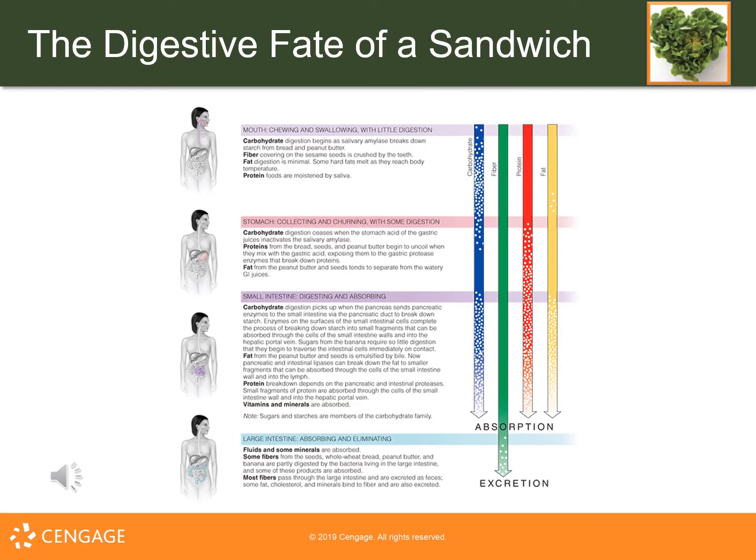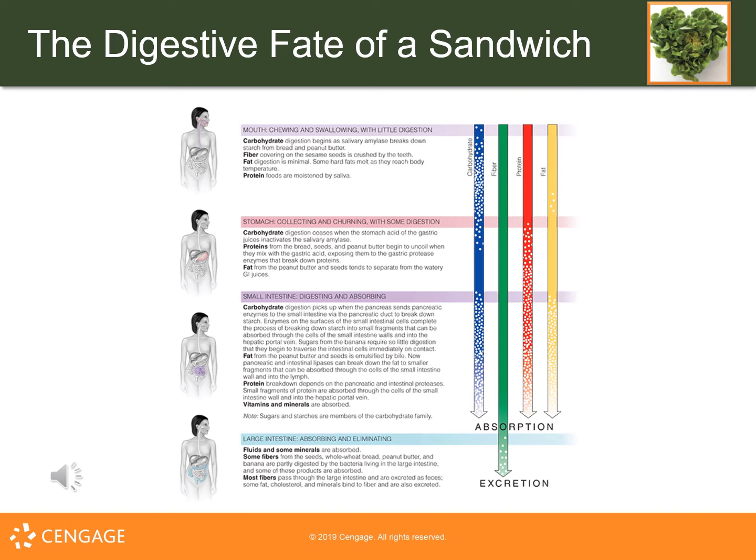As a general overview, take a look at this slide, which corresponds with figure 3.7 in your book. It summarizes digestion through the GI tract. And if you note the graph on the right-hand side of the figure, the digestion of the energy nutrients begins in different parts of the GI tract, but all are ready for absorption by the time they reach the small intestine.